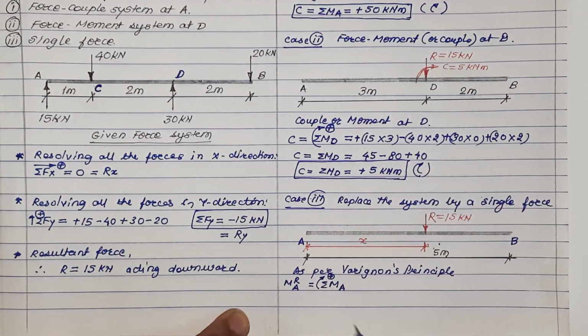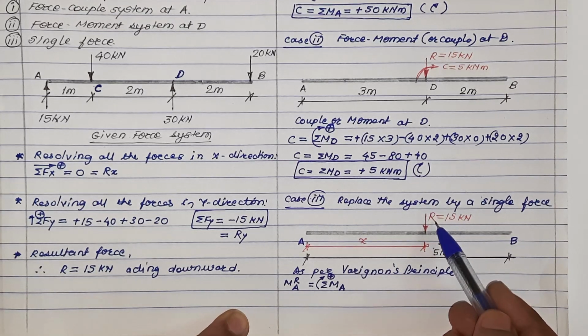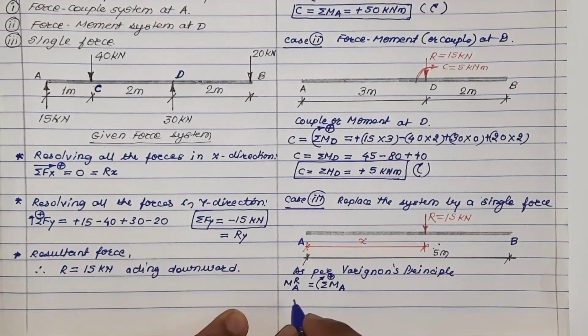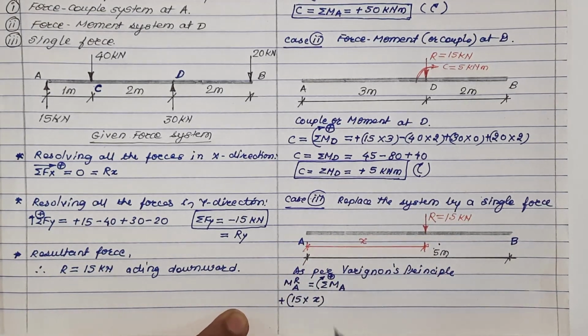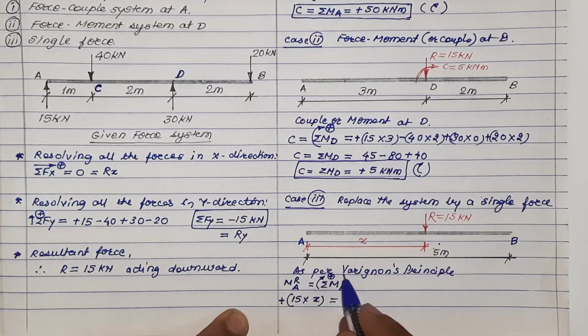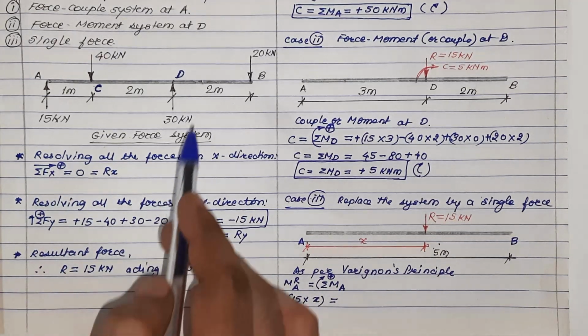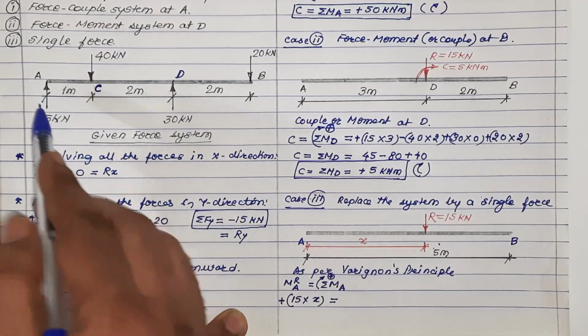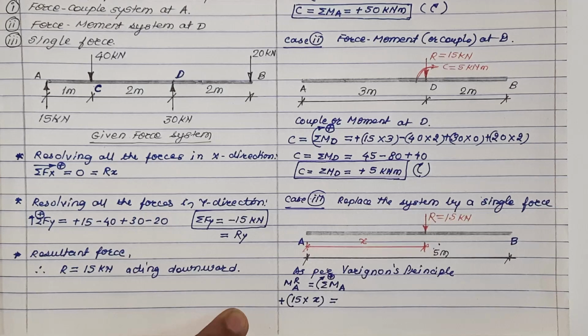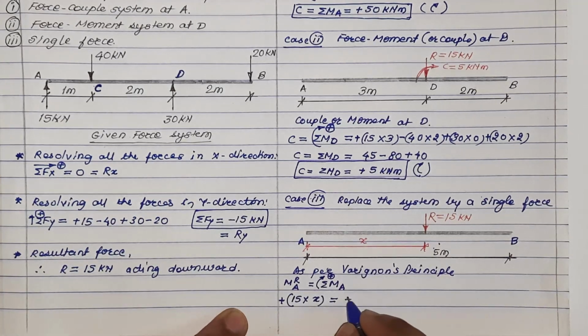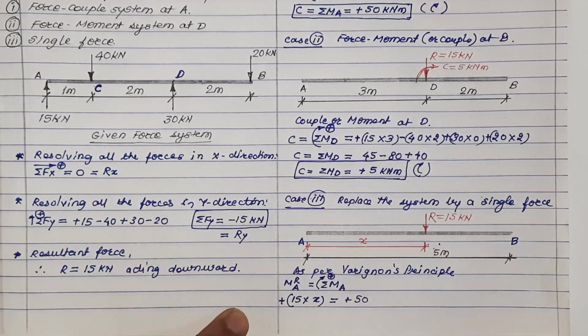Alright, hence here we can write down the moment produced by R about A will be 15 multiplied by distance x, and it is going to produce a clockwise moment. Therefore, it will be a positive moment, which will be equated to the algebraic sum of moment of given forces about A, which is already known to us, that is positive 50 kilonewton meter.